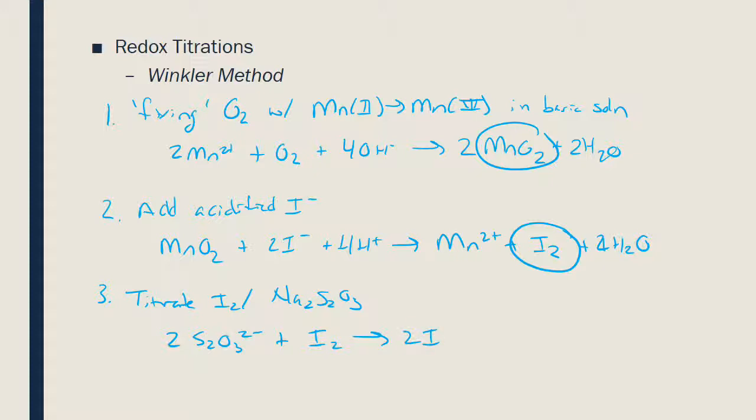And we're going to create an iodide ion and S4O6, right? So we know, remember, this is a deep blue going to colorless. So there is the equivalence point, right? So now, just so you understand, for every mole of oxygen, we have 4 moles of thiosulfate being used.